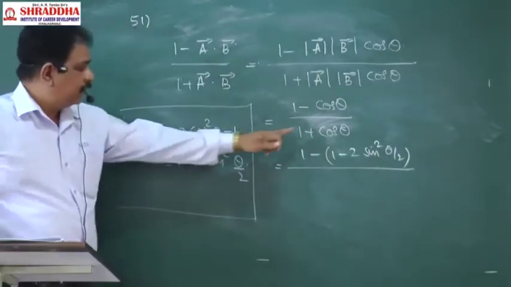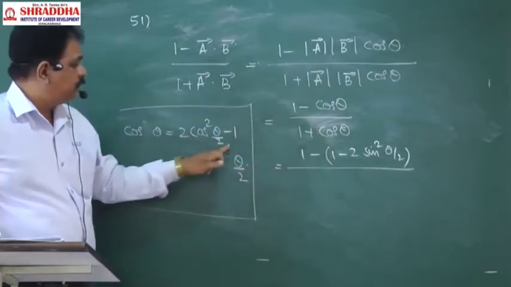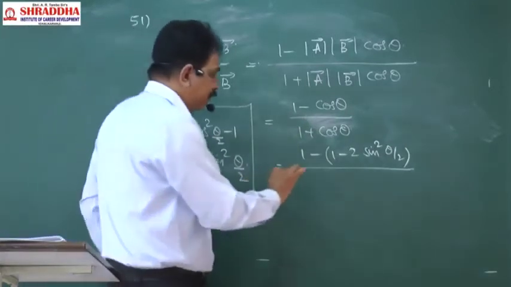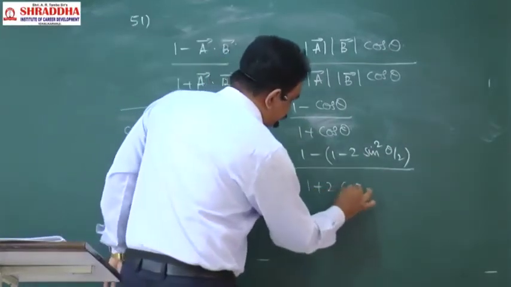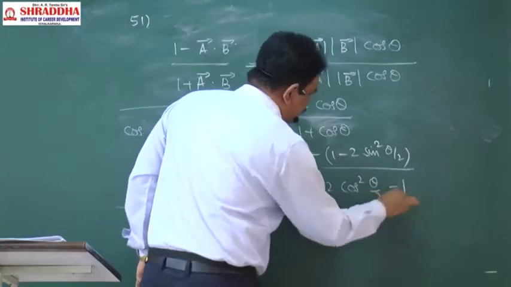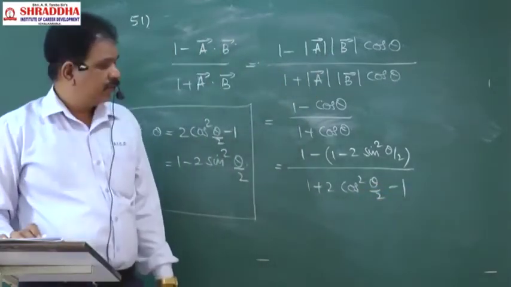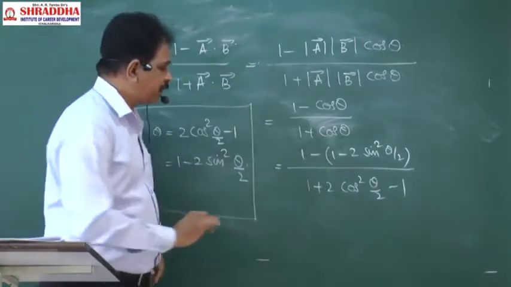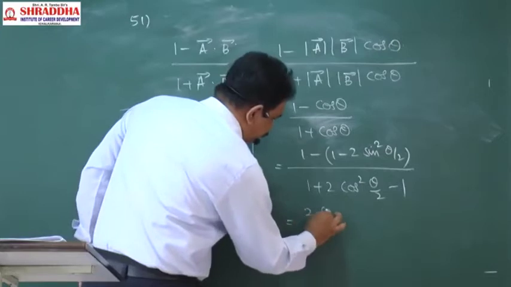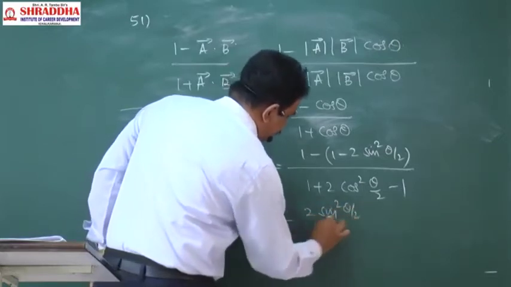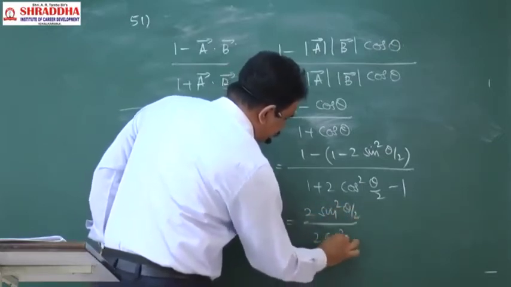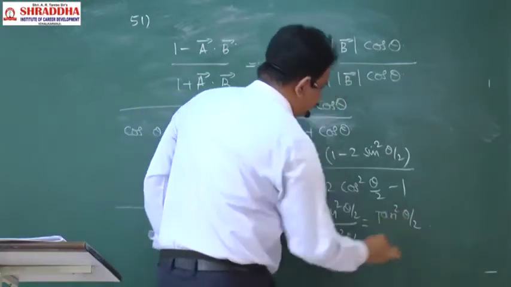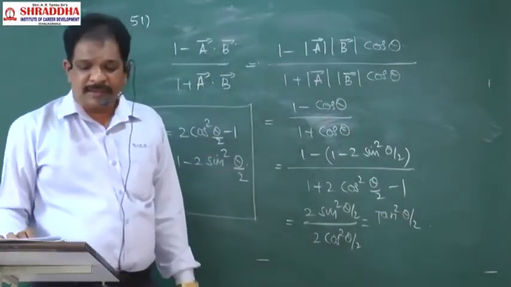Next, for the cos theta in the denominator, I will substitute the other one, 2 cos square theta by 2 minus 1, because then 1 minus 1 will cancel. Minus of minus is plus. This will be 2 sin square theta by 2 over 2 cos square theta by 2, which is equal to tan square theta by 2.